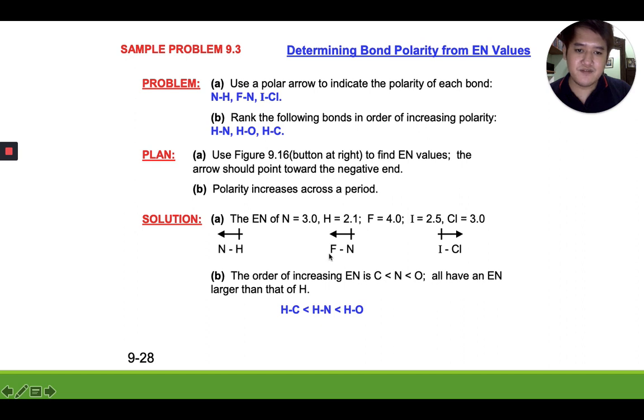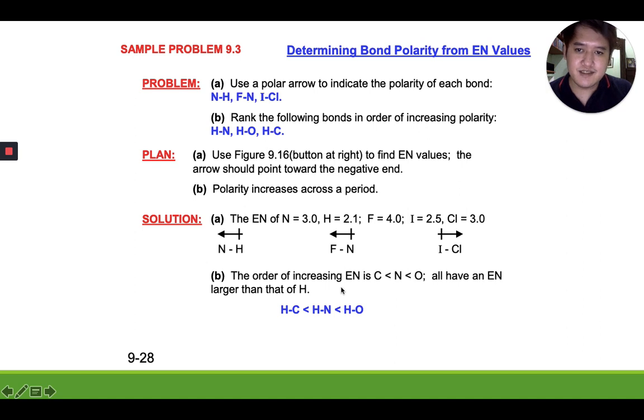The same thing with fluorine and nitrogen: the direction of the arrow goes to where fluorine is. For I and Cl, Cl is more electronegative, and I is 2.5, so this end becomes partially positive.